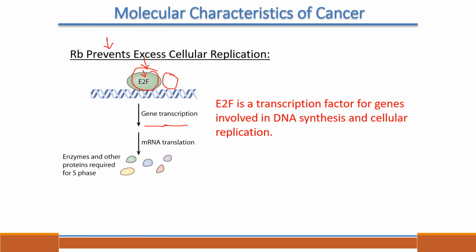So this transcription factor tells the RNA polymerase to start the synthesis of proteins that are involved in DNA synthesis and cellular replication, as was shown in the video. So now the S phase is going to start.